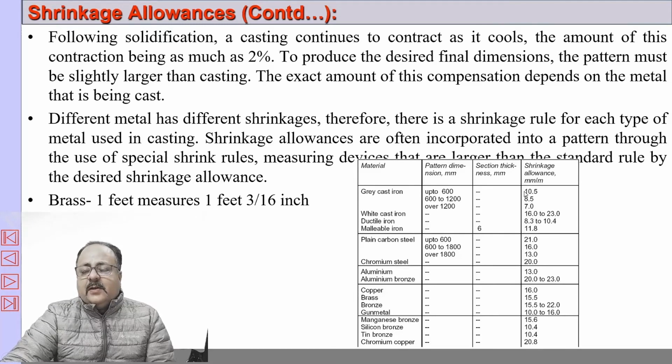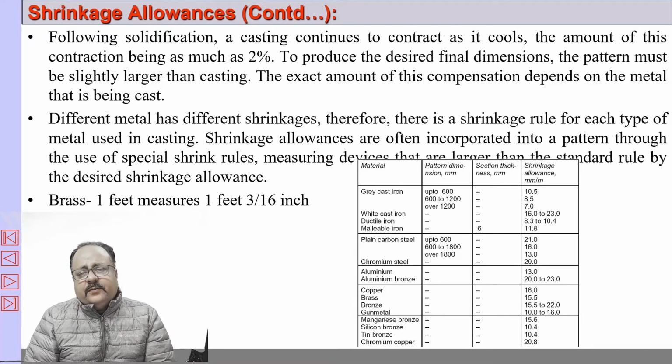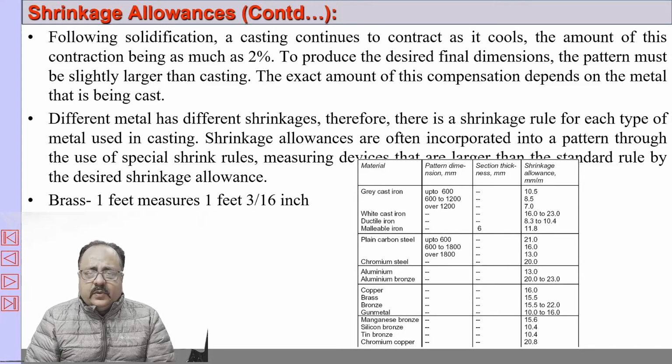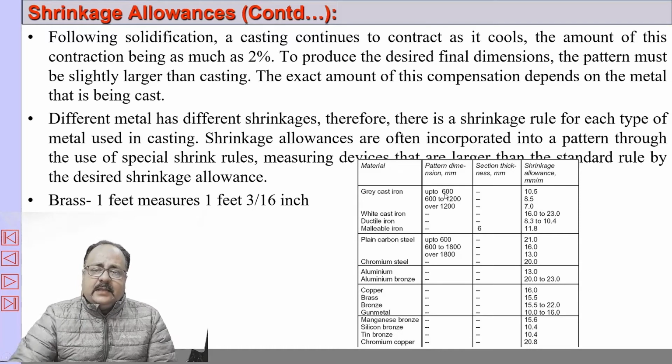So that much allowance will be given. Likewise, you have to give the allowances for different metals. So this table will be required while solving the problems. So please make a note of this table and it will be required while we solve the particular problems.